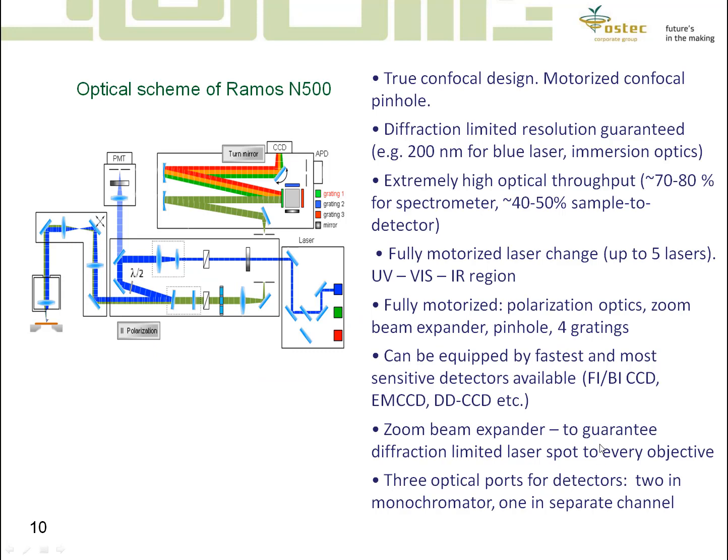So to summarize, we can say that such a configuration allows us to get diffraction limited resolution, which is down to 200 nanometers for a blue laser with oil immersion optics. Also, proper coatings of the mirrors and gratings allow us to get about 70–80% optical throughput, and full motorization gives us the possibility to switch between a large number of lasers, 5 lasers for example, and fully automatically perform these changes.